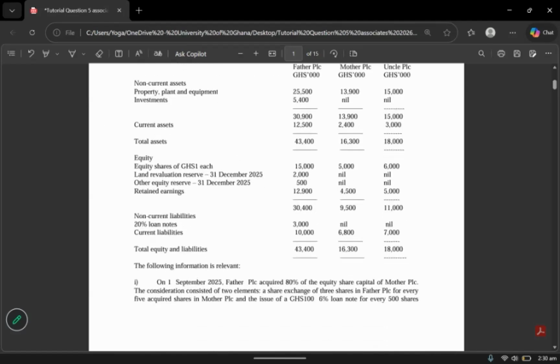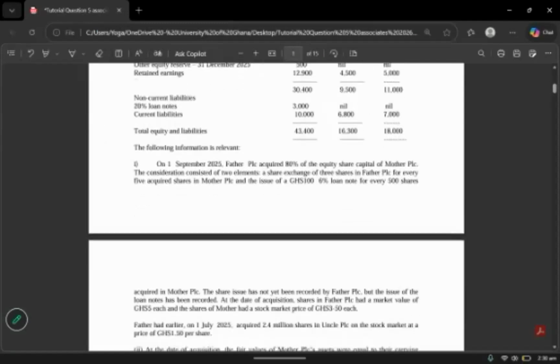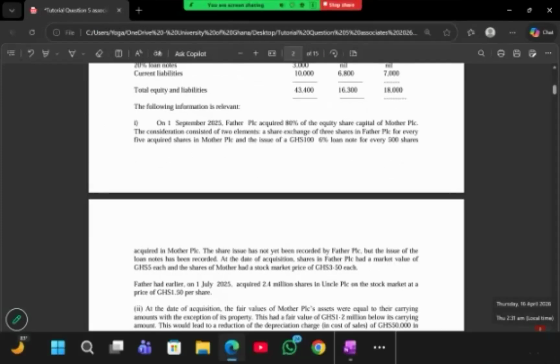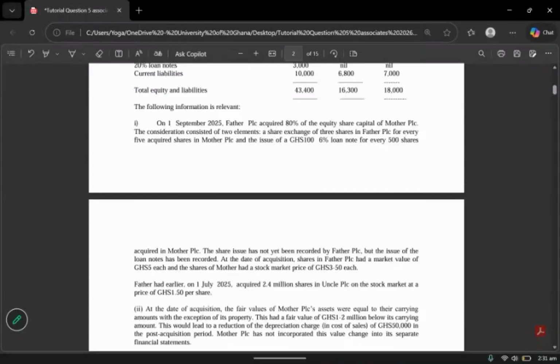Let's go to the additional information. The following information is relevant.